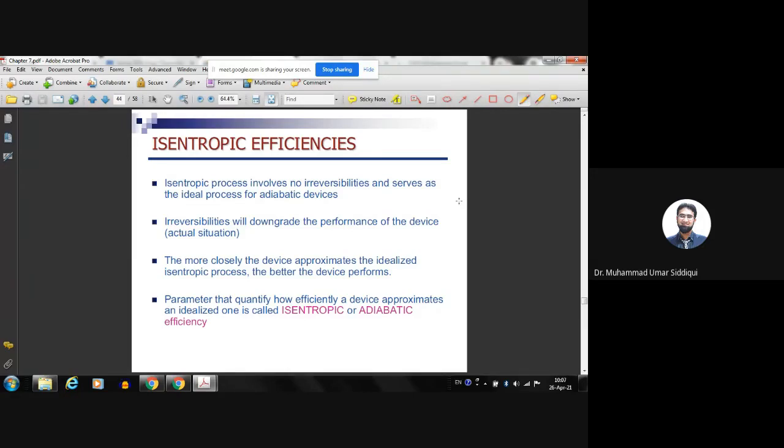Similarly, we discussed that if the process needs exact analysis, or if we need to consider the variable specific heat values, or if nothing is mentioned in the question, then how do we determine the change in the entropy? And if it is an isentropic process, then what are the correlations that we are going to use?